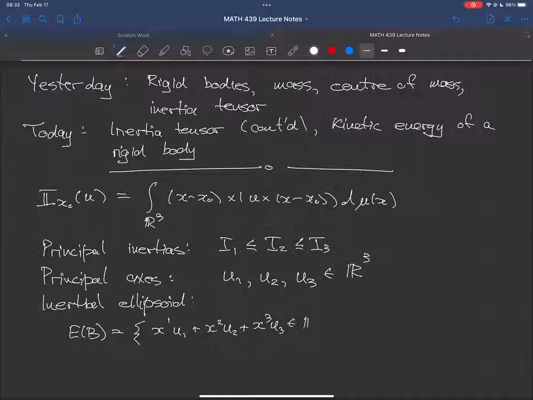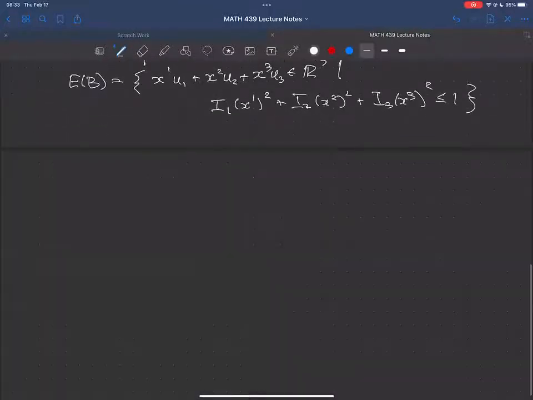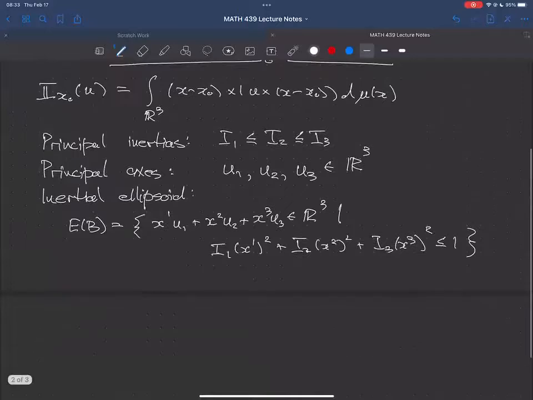We took the points in R3, and we represent a point in R3 as a linear combination of these principal axes, which we can do because they form a basis. And then the formula that the coefficients satisfy is I1 x1 squared plus I2 x2 squared plus I3 x3 squared less than or equal to 1. All right, so this is a solid ellipsoid. Okay.